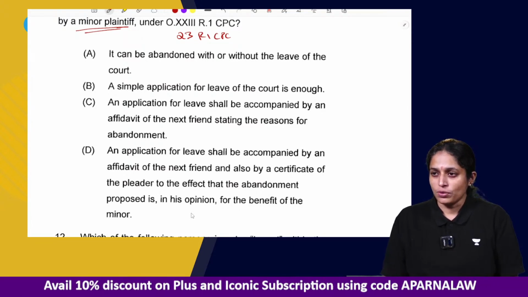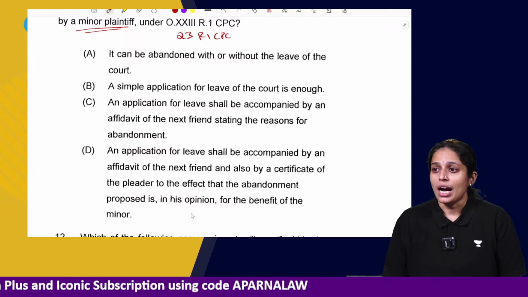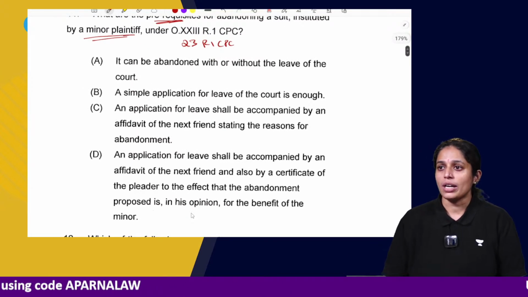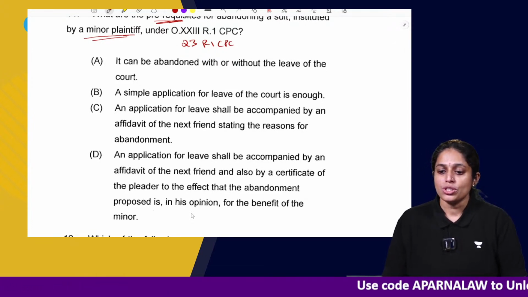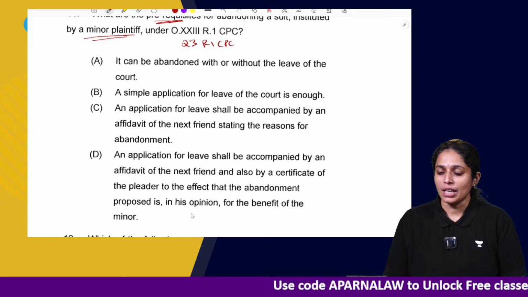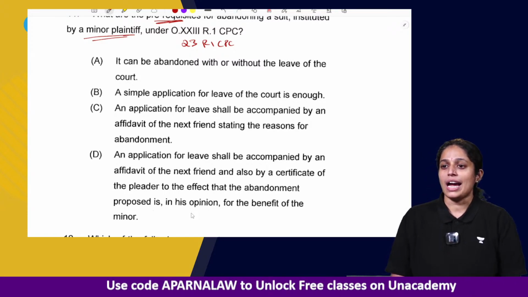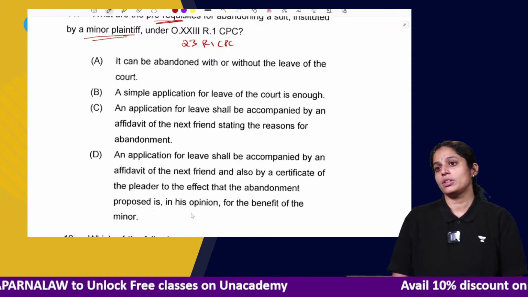B. A simple application for leave of the court is enough. C. An application for leave shall be accompanied by an affidavit of the next friend stating the reasons for abandonment. D. An application for leave shall be accompanied by an affidavit of the next friend and also by a certificate of the pleader to the effect that abandonment proposed is, in his opinion, for the benefit of the minor.